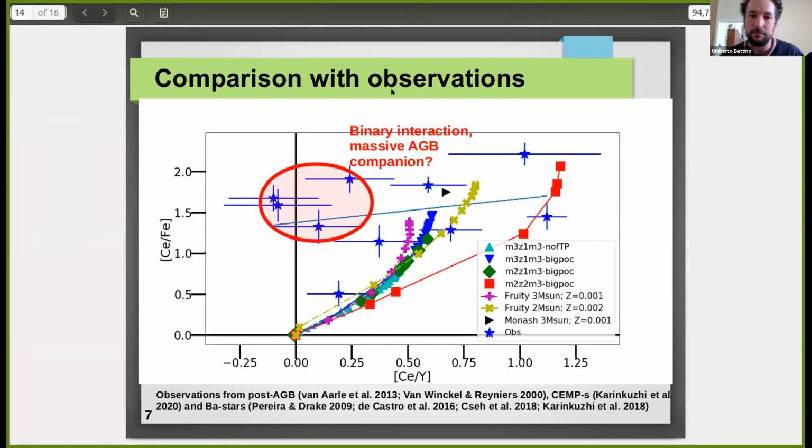Well, that's a good question. So when we talk about convective boundary mixing, we are not talking about a stochastic process. It is possible to vary it for a given metallicity and mass.